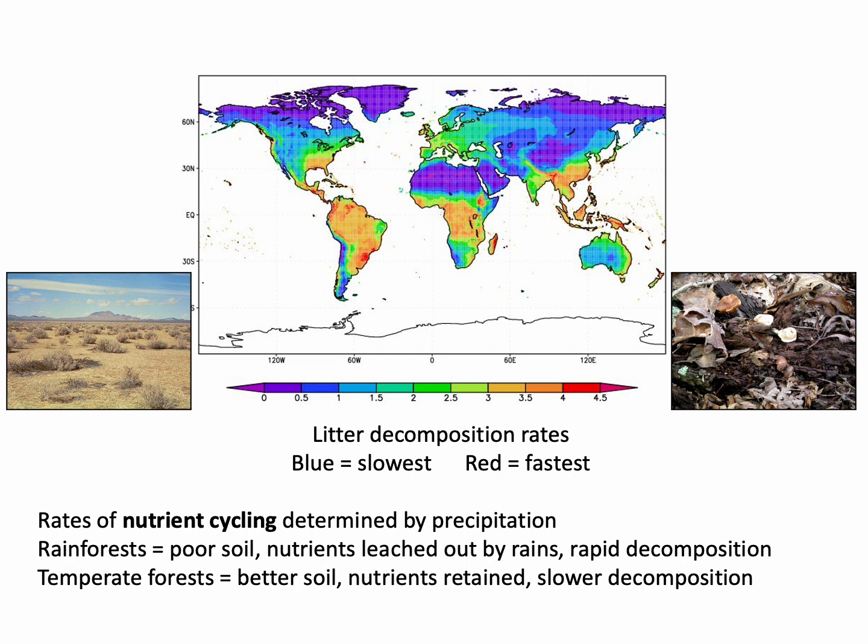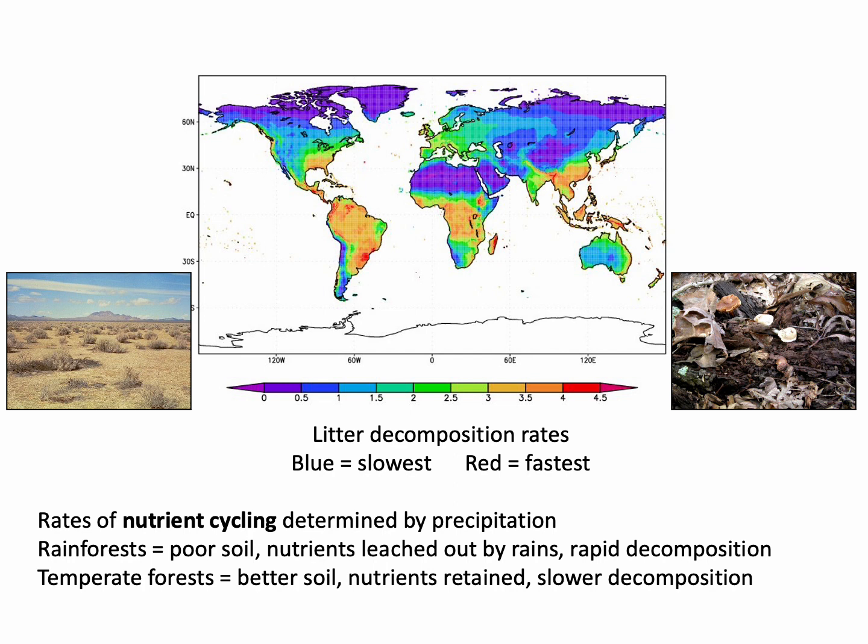So let's look at the rates of nutrient cycling in a little more detail. This is a map showing the distribution globally of decomposition rates of leaf litter in an environment. So notice the places that are very red, orange in color, these are places where litter decomposition happens very quickly, right?